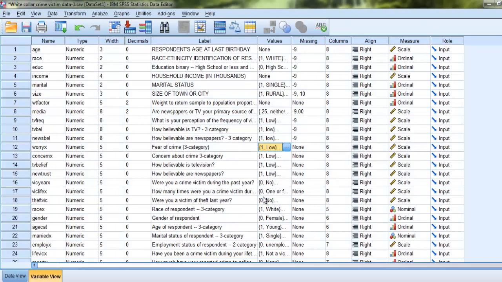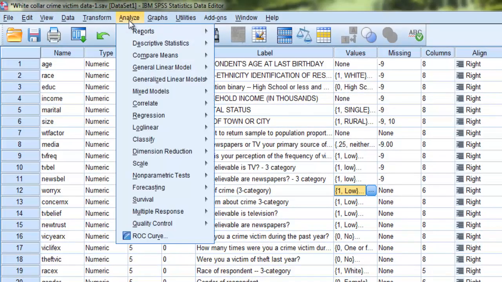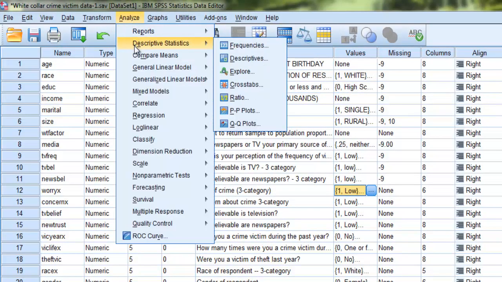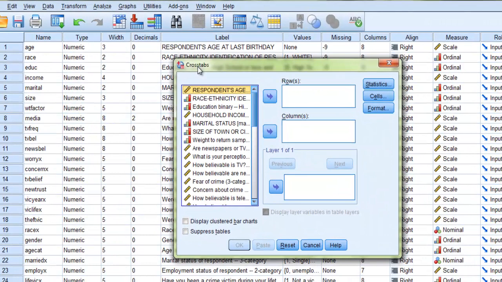I'm going to set up another cross tabulation. I'm going to go to Analyze, choose Descriptive Statistics from the drop-down menu, and from the pop-out menu to the right, choose Crosstabs. I'm going to put my independent variable as the row and my dependent variable as the column.